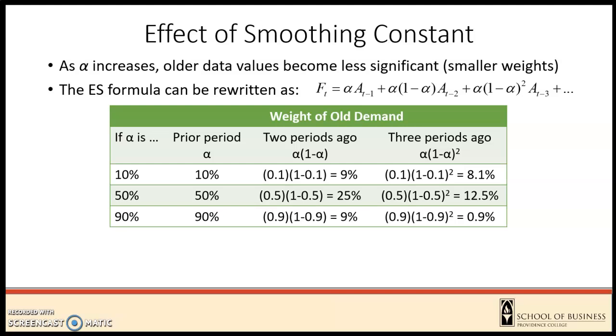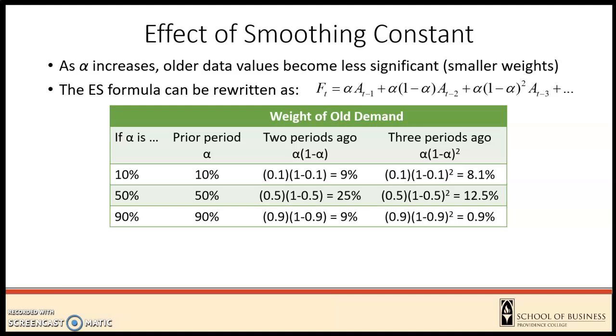So with an alpha of 0.1, we're weighting the previous period by about 10%. So if I look at that exponential smoothing formula and rewrite it out, remember, in that F sub t, we have everything baked in from the previous.